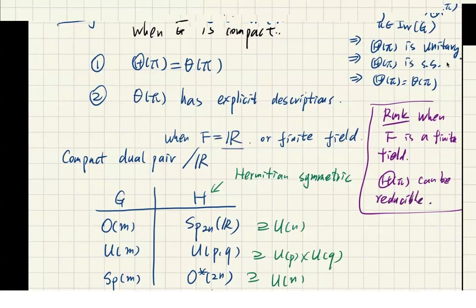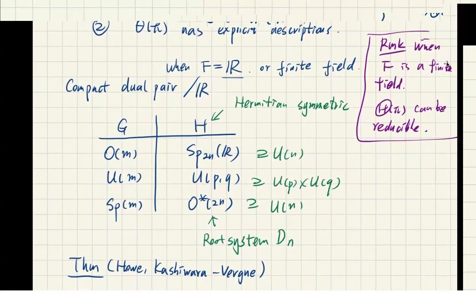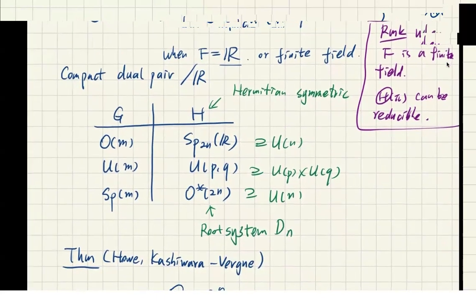So you don't have a Howe correspondence over the finite field. But you still have a complete description of the big theta pi. So hopefully I can cover this next time.